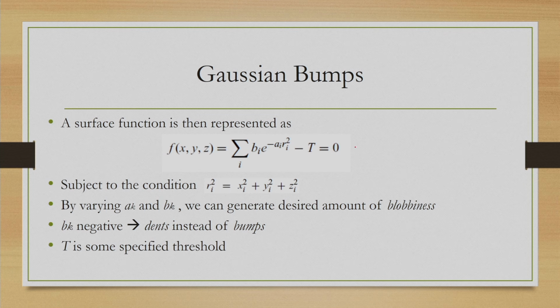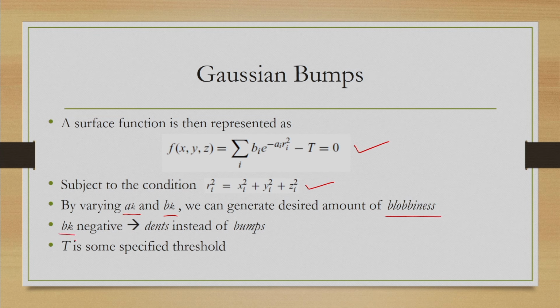So, the object can be represented with a function like this, subject to the condition mentioned here. Now, by varying the parameters a_k and b_k, we can generate the desired amount of blobbiness or fluidity that we require.